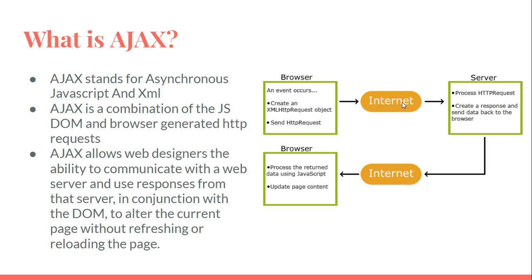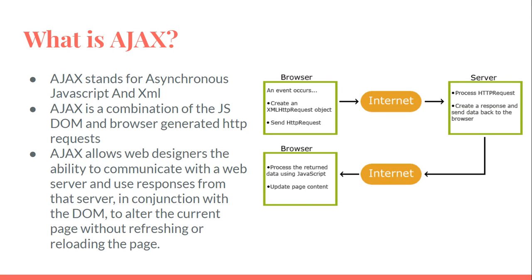They send that request through the internet to the server, which processes that request. It creates a response to send the data back to the browser through the internet. The browser then gets that returned data using JavaScript and updates the page content using the DOM. All this happens behind the scenes without the page having to reload, which is a really exciting piece of that.